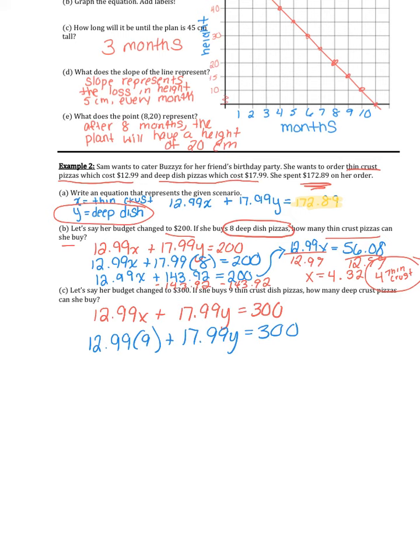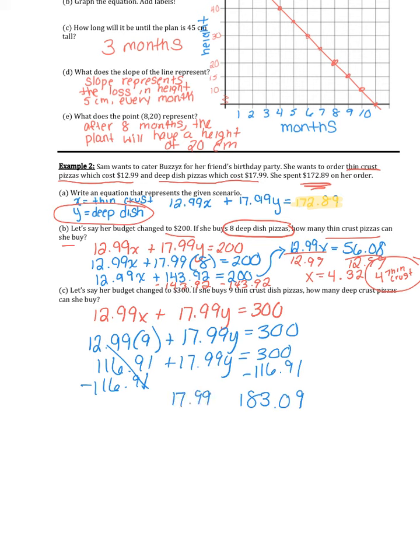So then I'll go ahead and do $12.99 times 9. That's going to give me $116.91. And I'll go ahead and take that away from 300 and see what I have remaining. And that gives me $183.09.